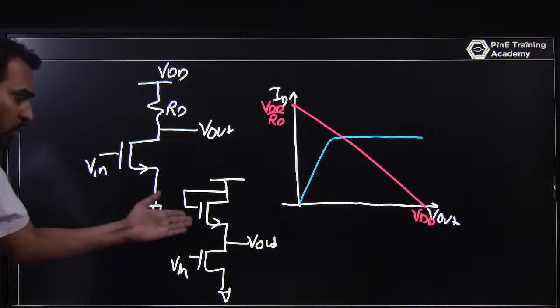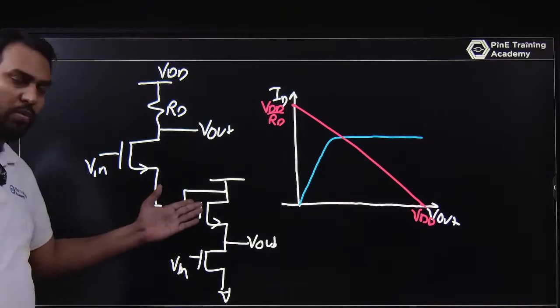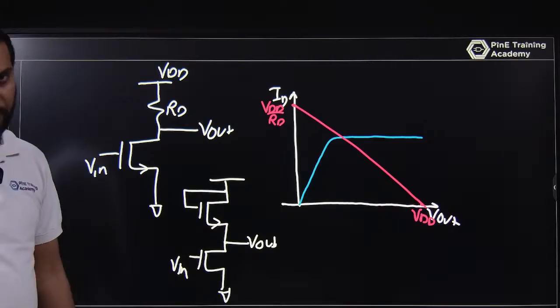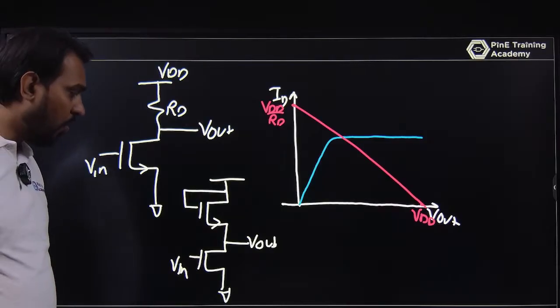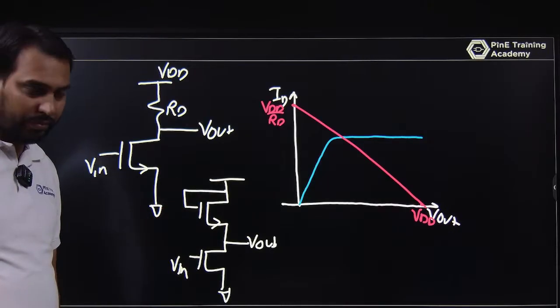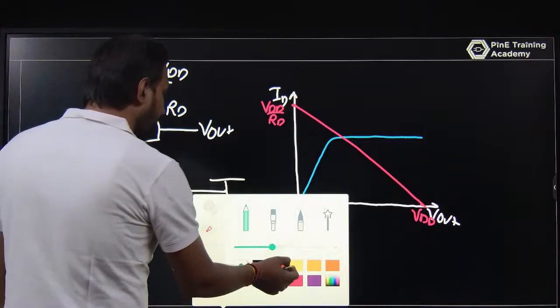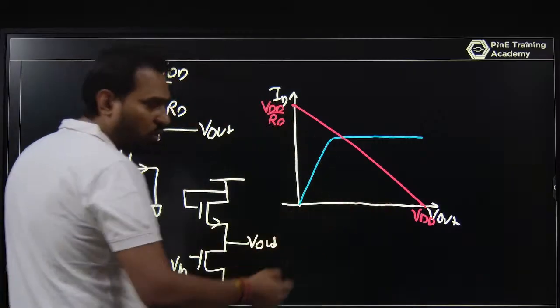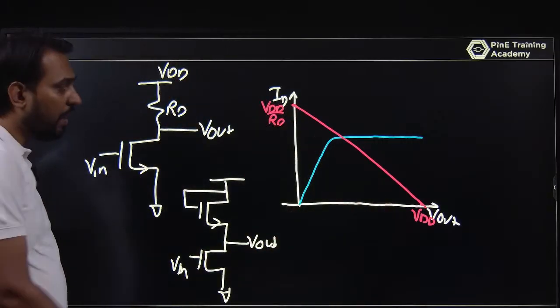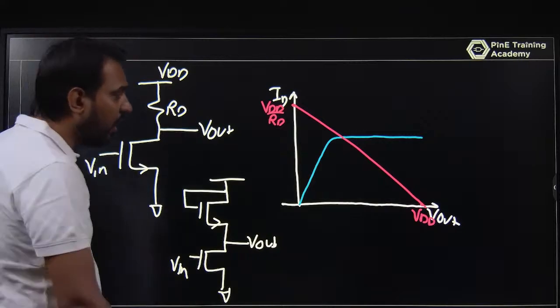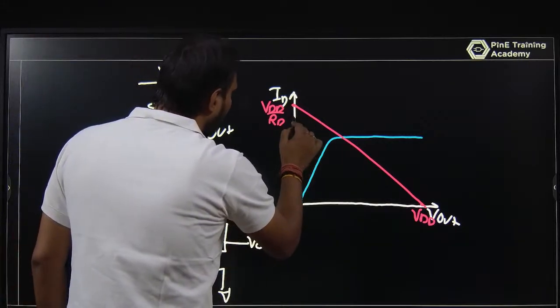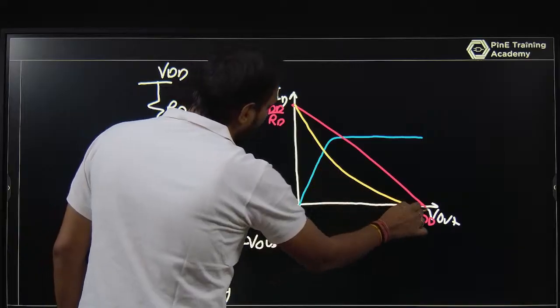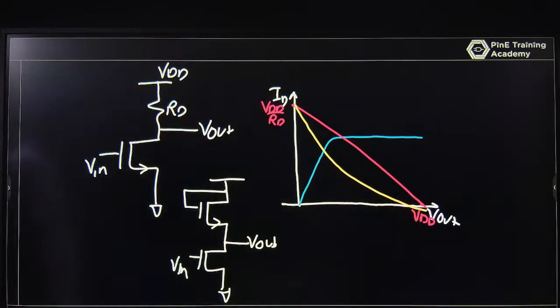You can use a PMOS also, with gate and drain shorted. Now looking at this circuit, for a resistance it looks like this, with a negative slope. But for the diode it will be like this. This will be the slope, this will be that waveform.